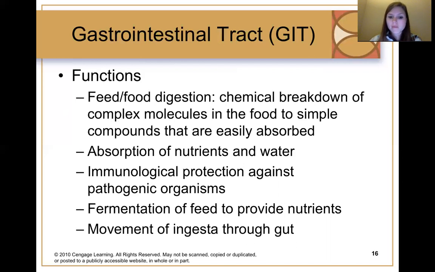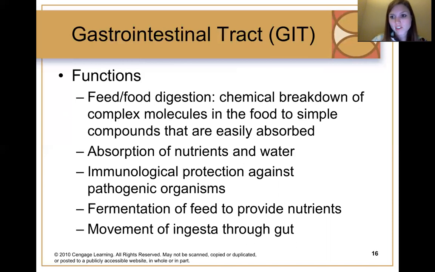So it's very important that the gastrointestinal tract has immunological protection against pathogens. So if you eat something and it gets into your digestive system, you have to have things in place in that system to make sure that that pathogen isn't going to get into the rest of your body and cause problems. So that's a really important function of the gastrointestinal tract as well.